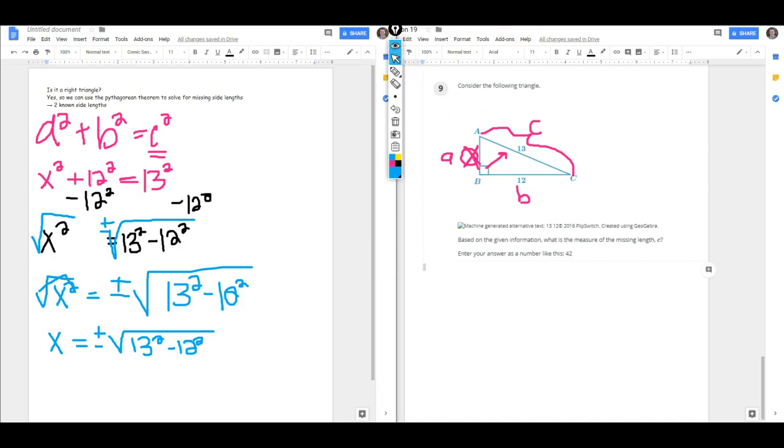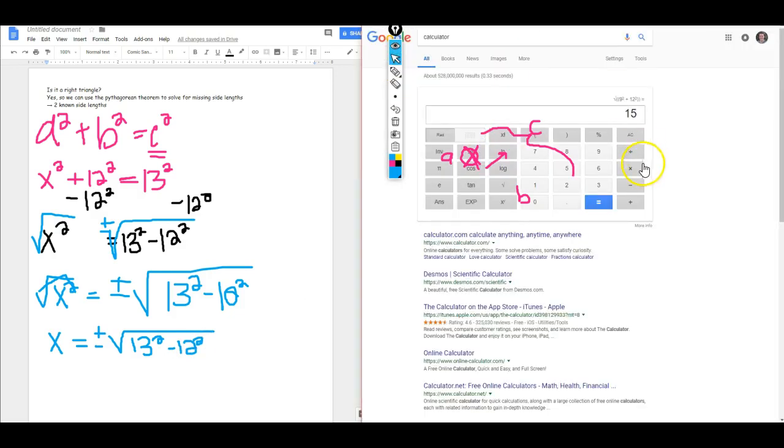When we jump over here to our calculator, we are going to type in square root of parentheses 13 x to the y squared minus 12 x to the y squared, close parentheses, close parentheses. All right, and that equals 5.